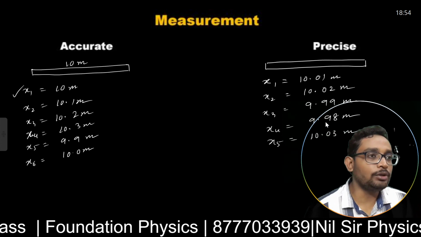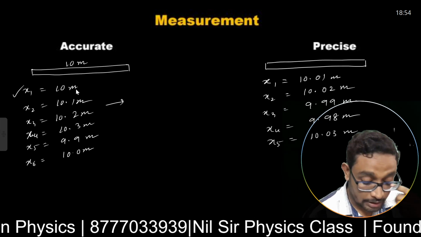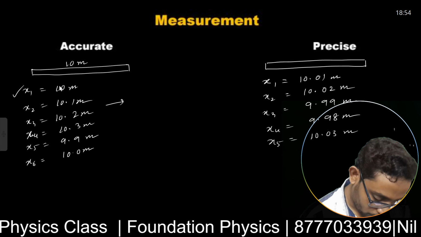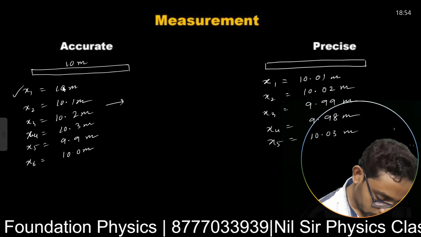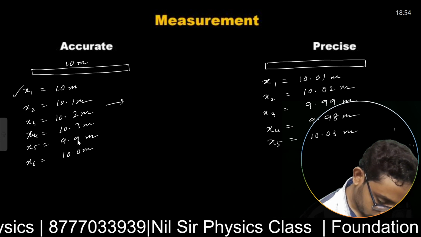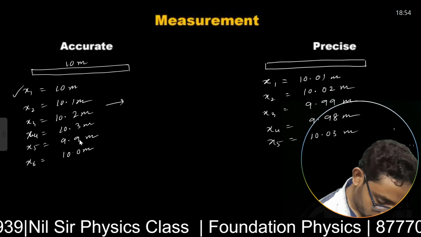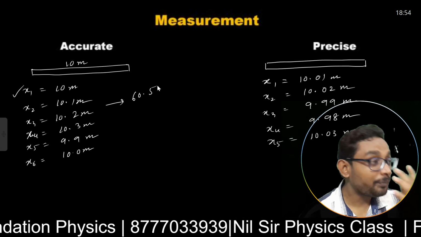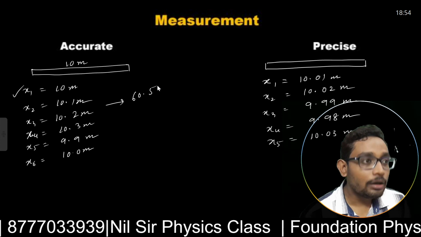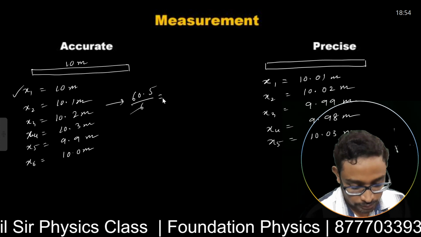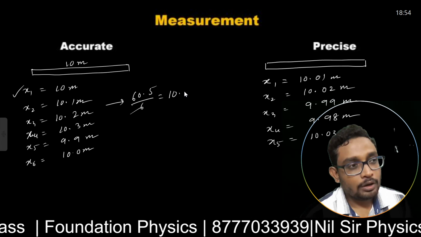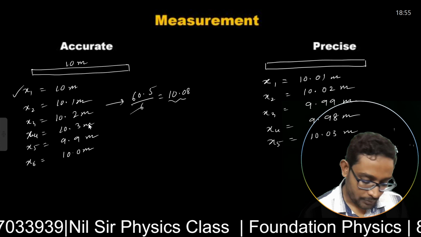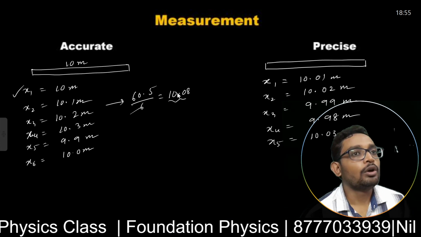What is the average? Taking the average of 1, 2, 3, 4, 5, 6, it is almost 10.